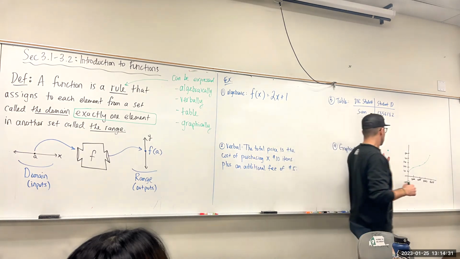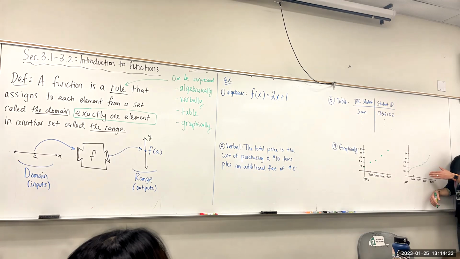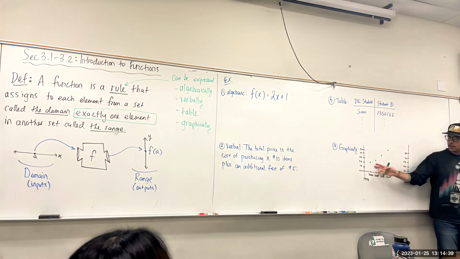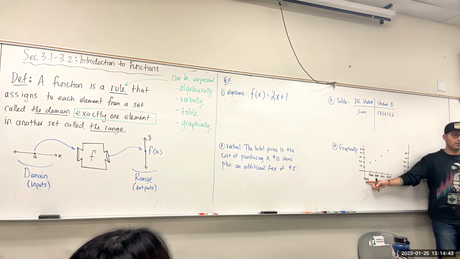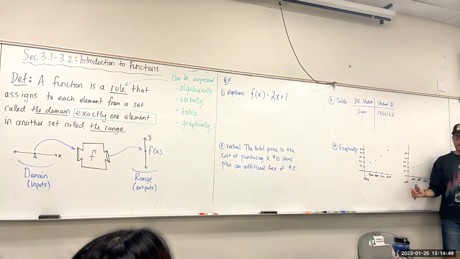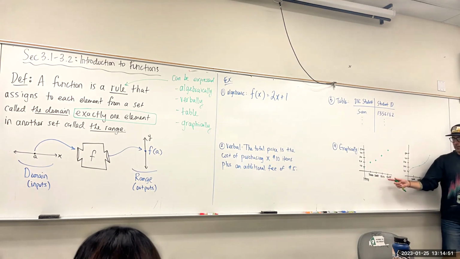What about when I connected all the dots? See the difference between here and here is in this scenario, what are the input values that we're using? Fixed 5-year intervals. That's where I'm about to get.